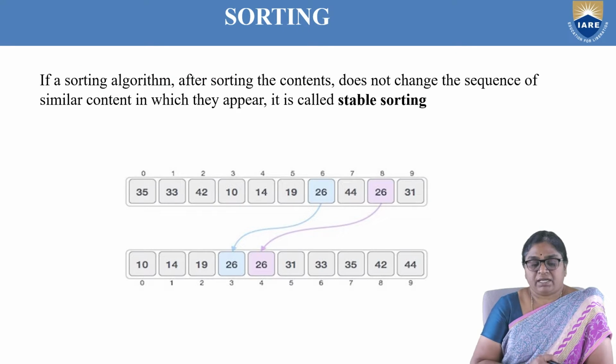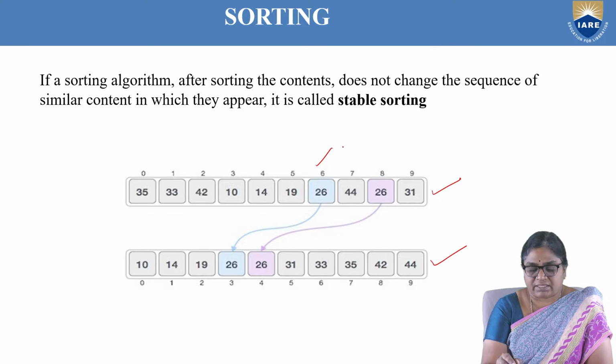If a sorting algorithm, after sorting the contents, does not change the sequence of similar content in which they appear, then it is known as stable sorting. That means this is the given list and the list obtained after sorting is this one. Here we have two elements, 26 appearing twice in the given list.